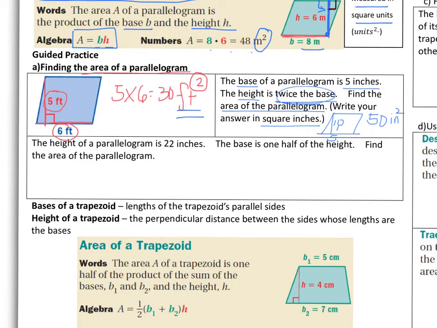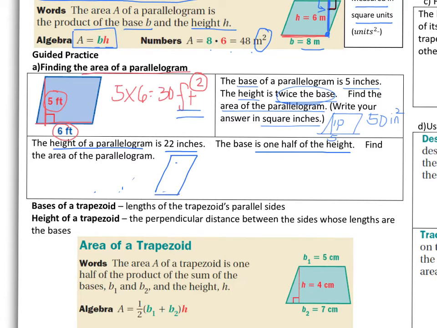The height of a parallelogram is 22 inches. Again, I'm trying to draw a parallelogram. The height is 22 inches. The base is 1/2 of the height. So that means it's half of 22. So maybe my picture is not very accurate. I will sketch it so that it will make a little bit more sense.